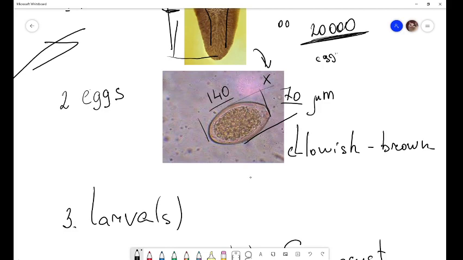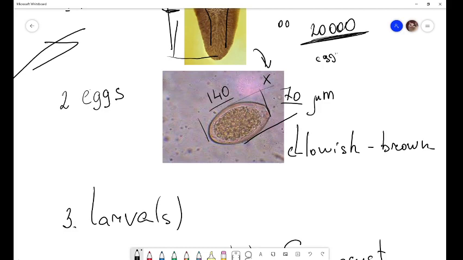Remember that, and you can every time find these eggs in microscopy, when you microscope these eggs, unlike the eggs from other worms. Okay, and this egg has a color.